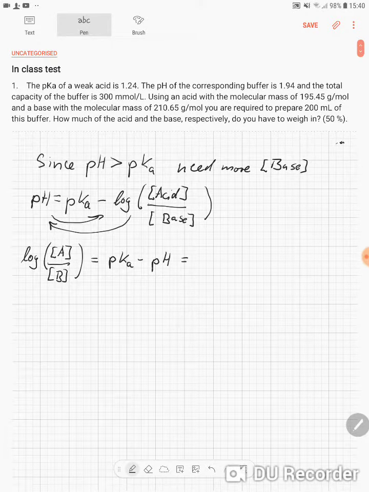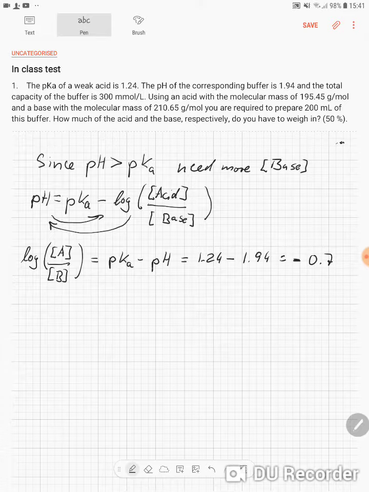So we have pKa of 1.24 minus 1.94, and that gives us a value of negative 0.7.